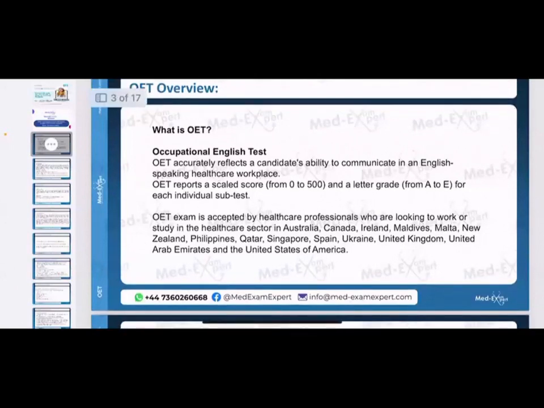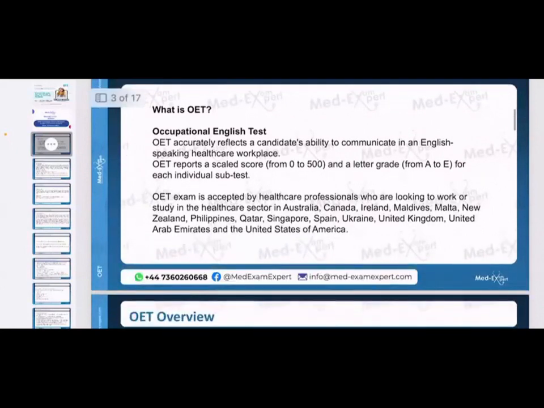So OET reports a scale score from 0 to 500, which, if we have the equivalent in grades, means from A to E for each individual subtest. If we talk about subtests, you might be knowing about this, but if you are not, let me tell you that there are 4 subtests, which include listening, reading, writing, and speaking.